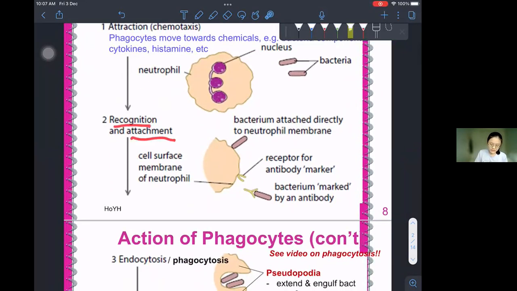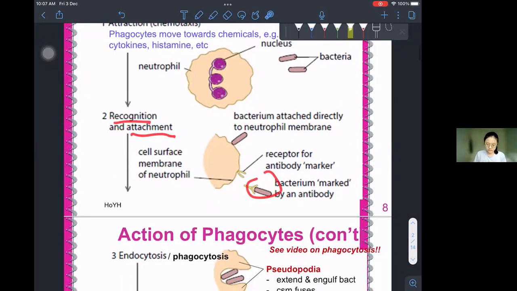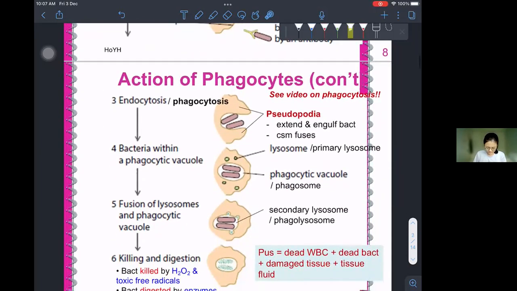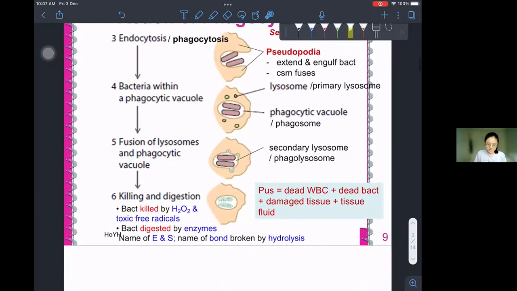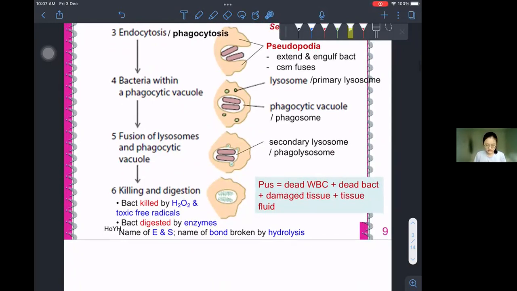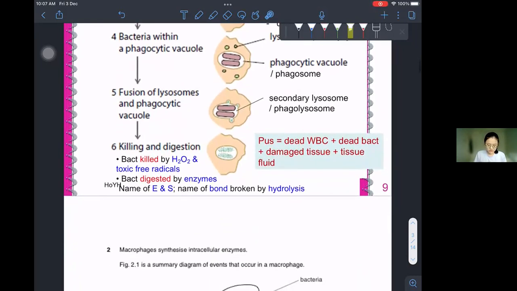They recognize and attach to the antigens on the surface of the bacterium, and after that the phagocyte undergoes a process called endocytosis or phagocytosis. The bacteria within the phagocytotic vacuole will be digested by hydrolytic enzymes secreted by the lysosome, and the lysosome fuses with the phagocytotic vacuole to form a phagolysosome or secondary lysosome.